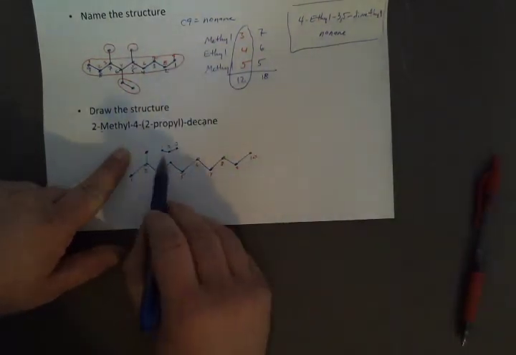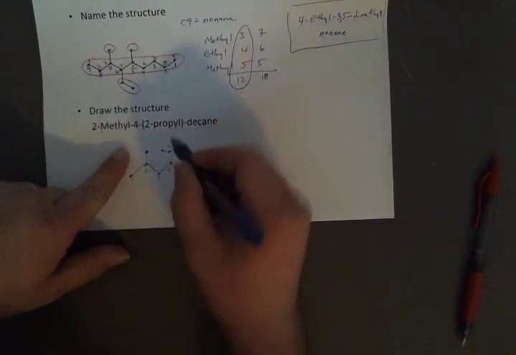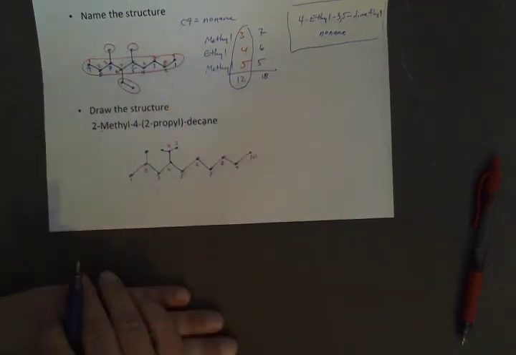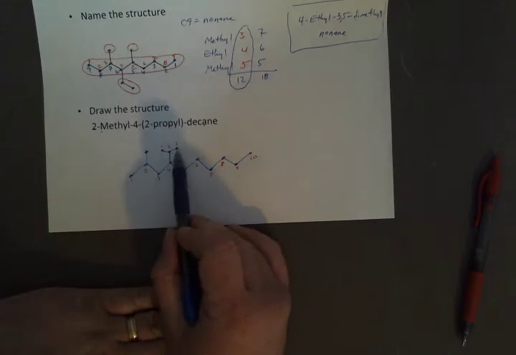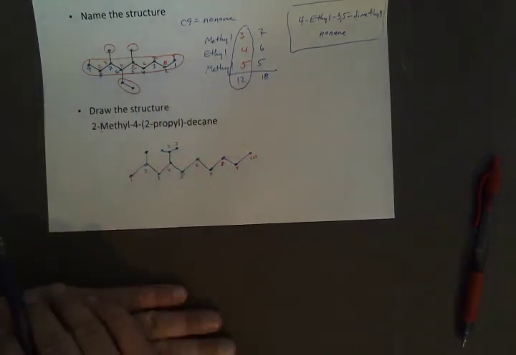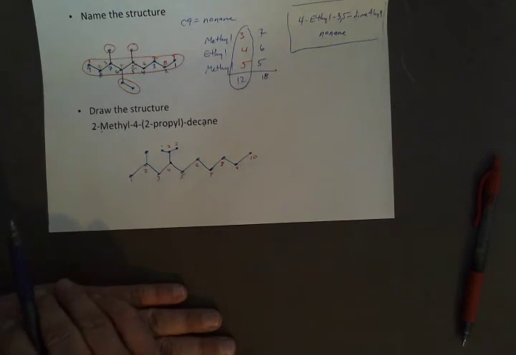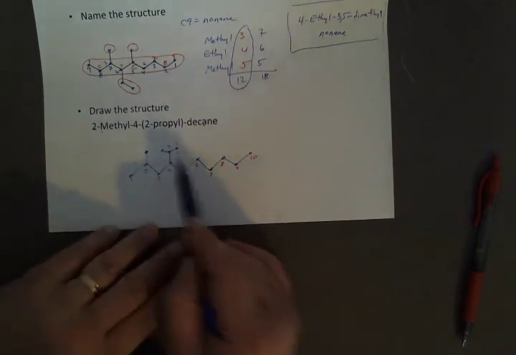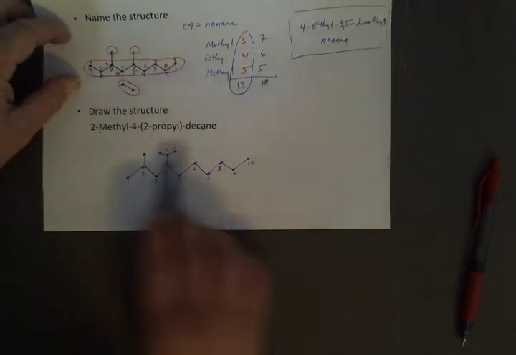But instead of being connected to the main chain through carbon 1, it's connected through carbon 2. So there you go, there's your structure.